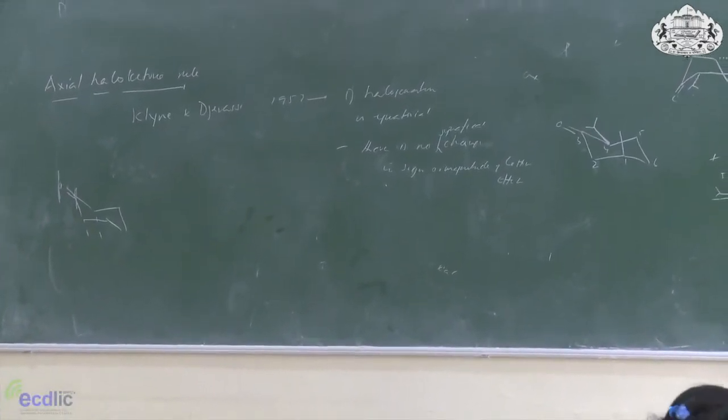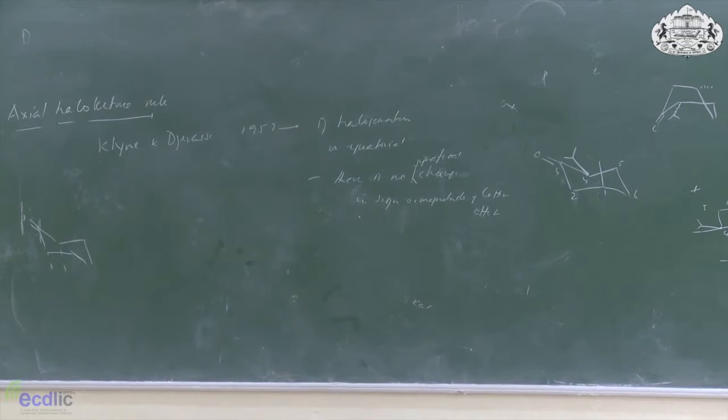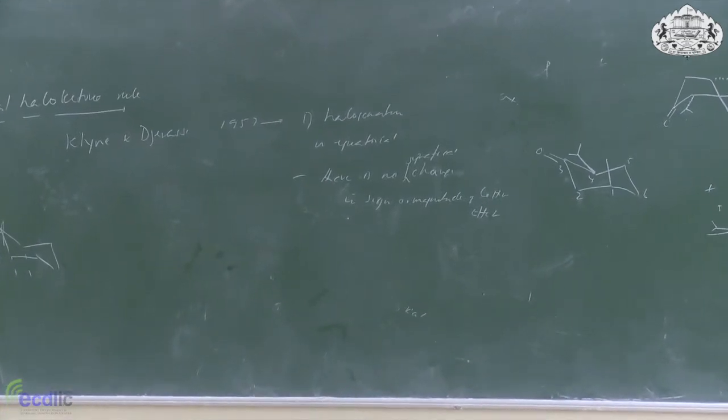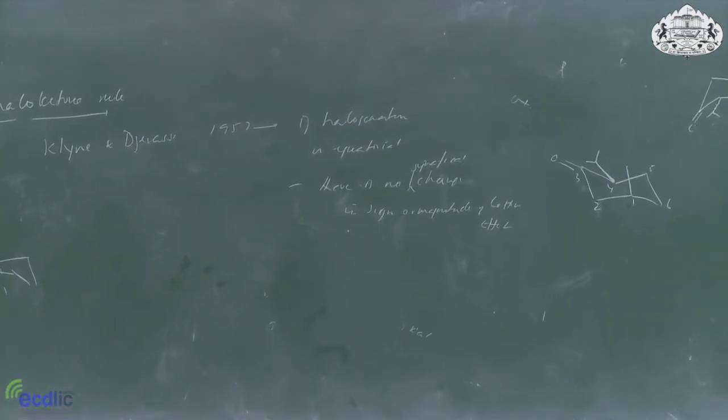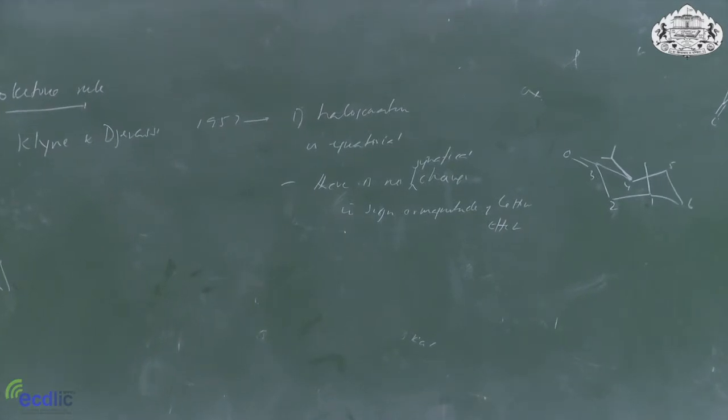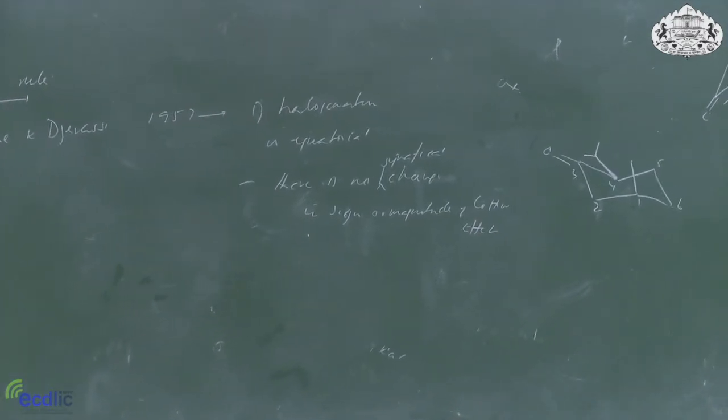But if the halogen is axial, there is a large change either in magnitude, or also possibly a change in sign, of the Cotton effect.